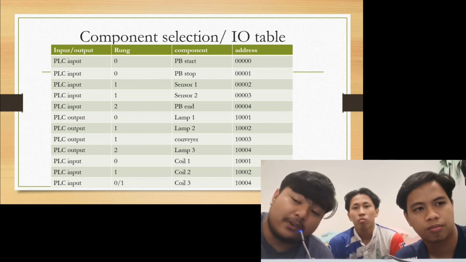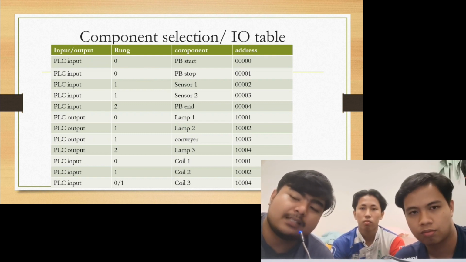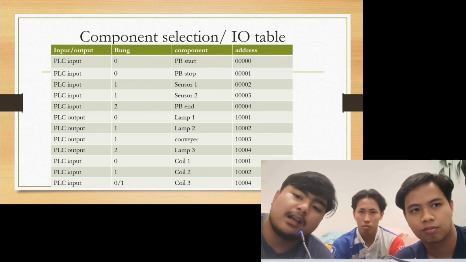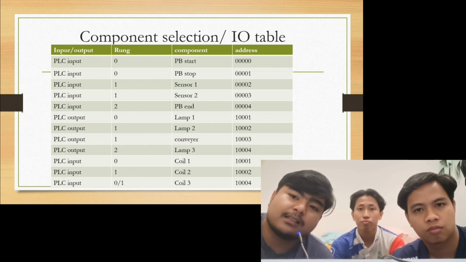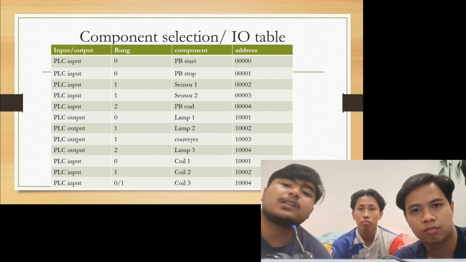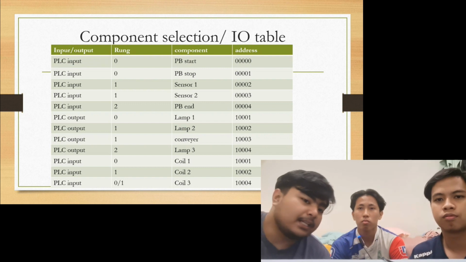Lamp 1 and lamp 2 are used to indicate the smart escalator is moving, and coil 1, coil 2, and coil 3 are used to hold the circuits, which keeps the escalator moving. The next part will be presented by Johan Shabir.